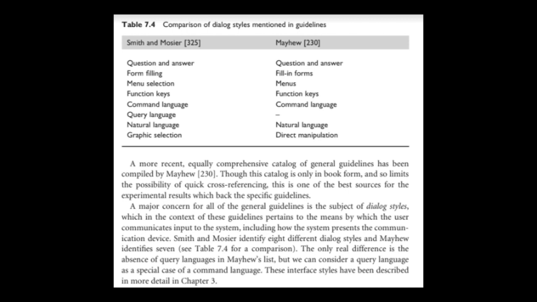Smith and Mosier identify 8 different dialogue styles and Mayhew identifies 7. The only real difference is the absence of query languages in Mayhew's list, but we can consider a query language as a special case of a command language. These interface styles have been described in more detail in Chapter 3.